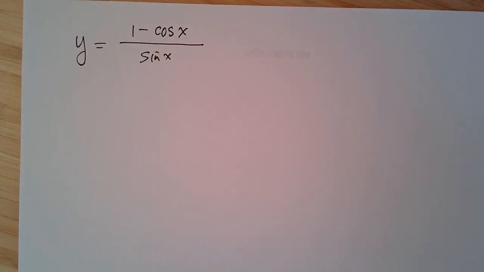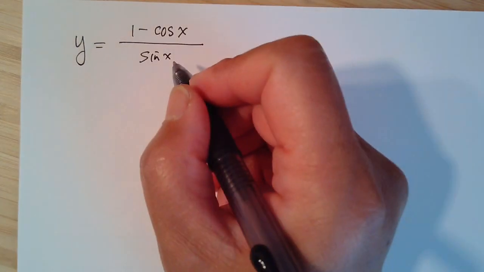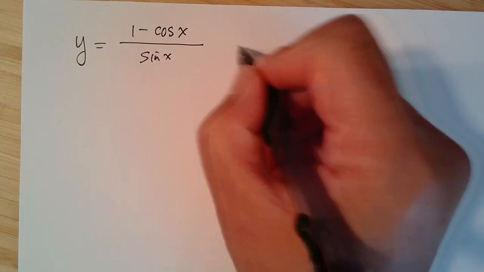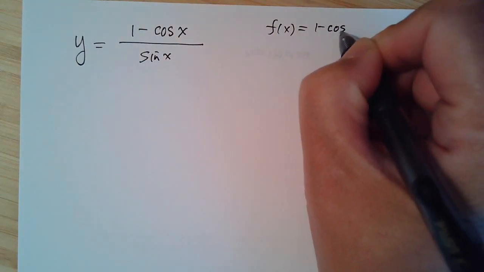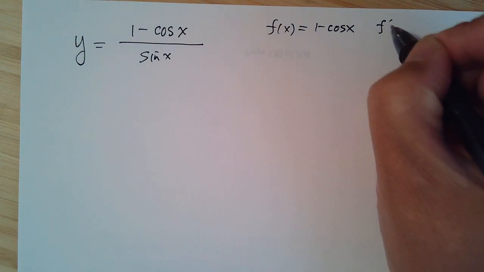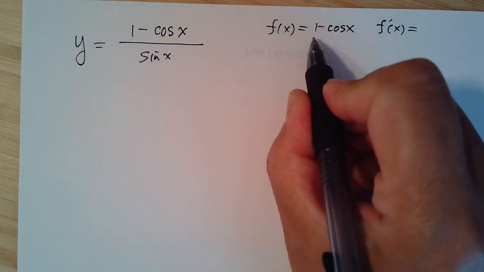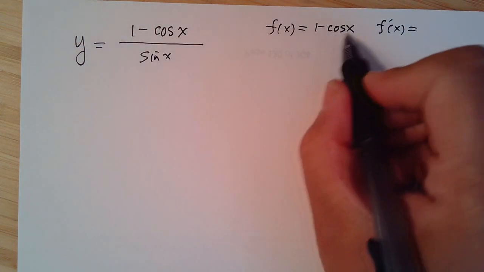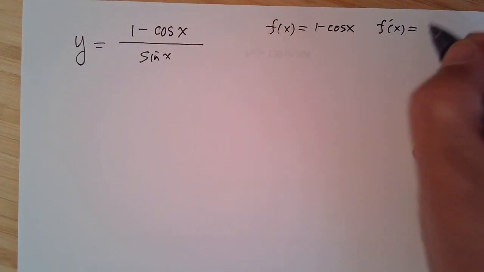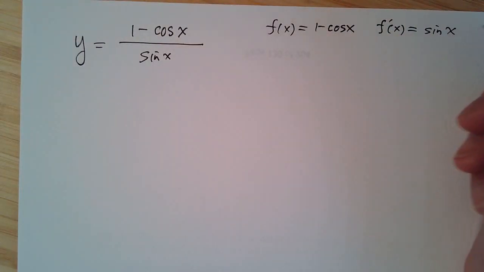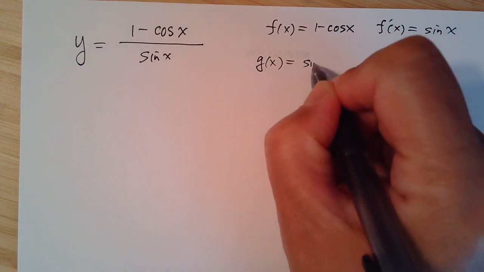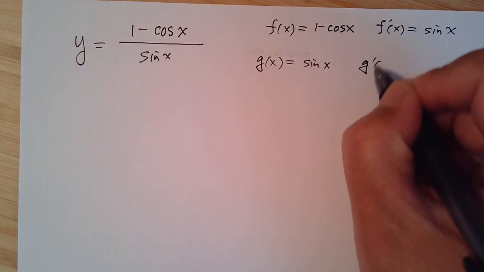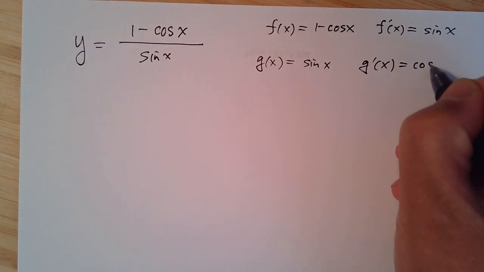Okay, I think that's it. So we have f of x equals 1 minus cosine x. So f prime of x will be the derivative of 1, which is 0, and the cosine derivative is negative sine, and there's another negative, so that will be sine, right? And then g, the denominator, is sine x, so g prime is cosine x.